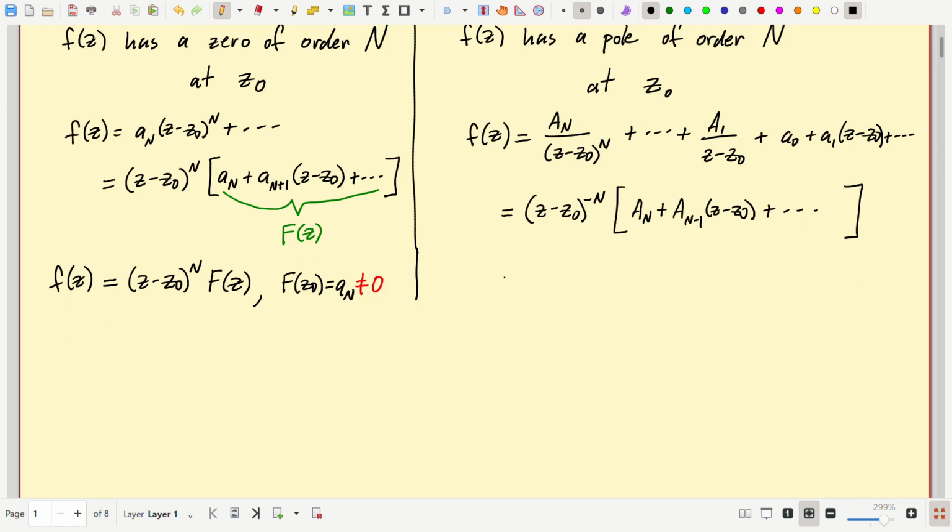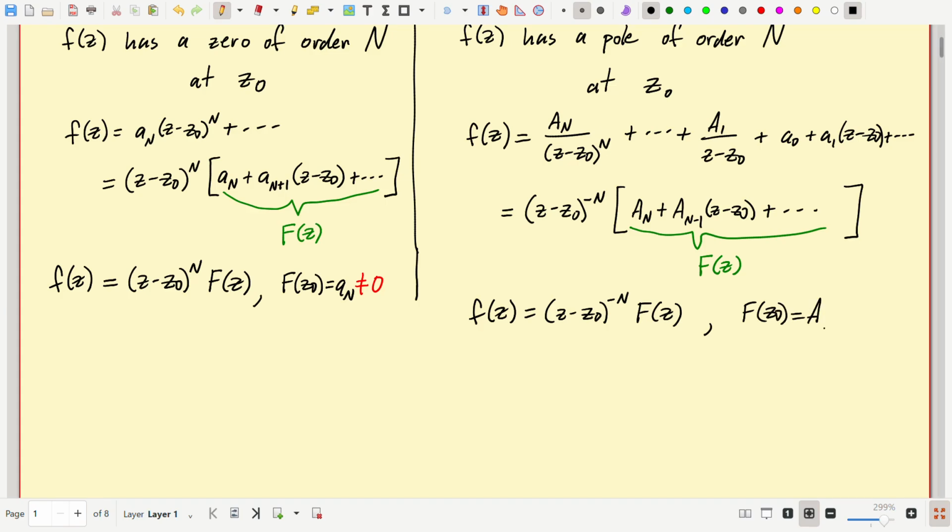And so what we get here, we'll call this one F of z now. And it looks exactly the same as the 0 situation. We have that f of z is z minus z0 to the minus n times F of z, which is analytic, and F of z0 is equal to a_n, which, being the order of the pole, is not equal to 0.